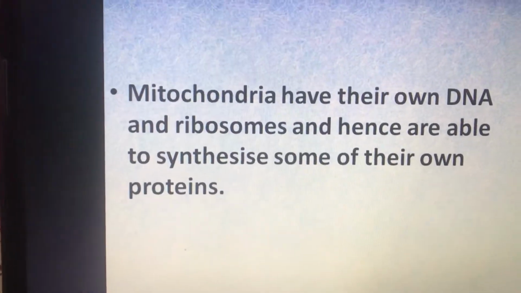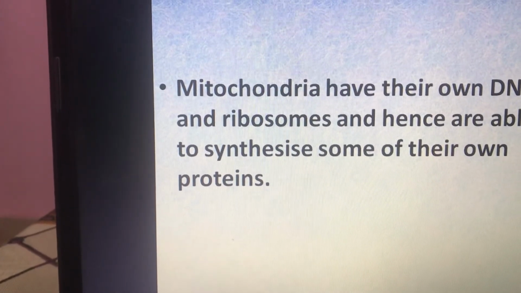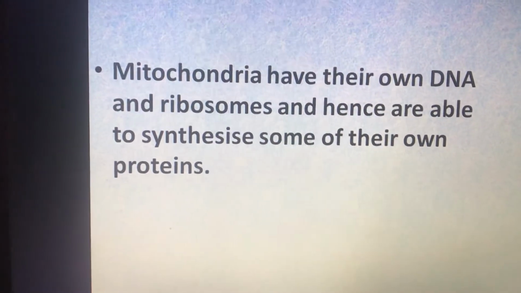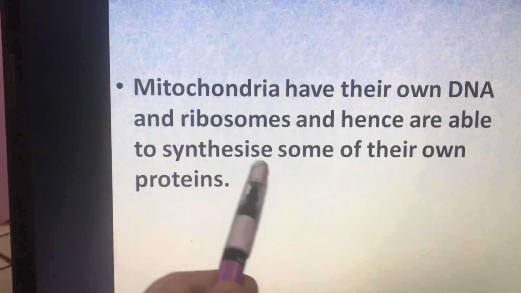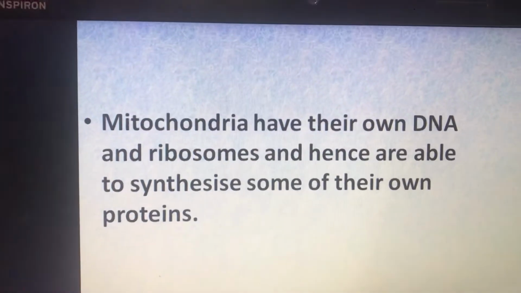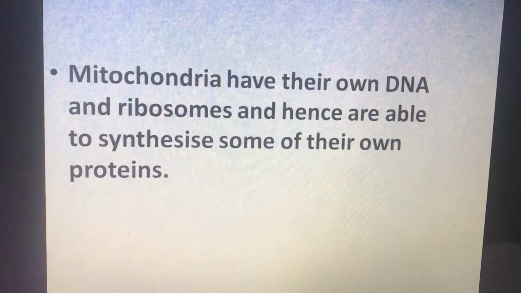Then they have their own DNA and ribosomes, and hence are able to synthesize some of their own proteins. If they have DNA, then they are able to produce whichever proteins are required. I hope it is clear.